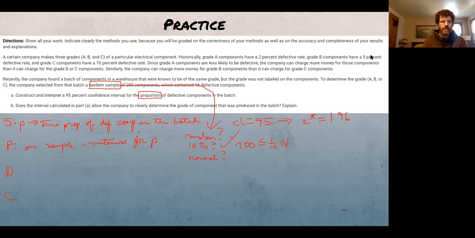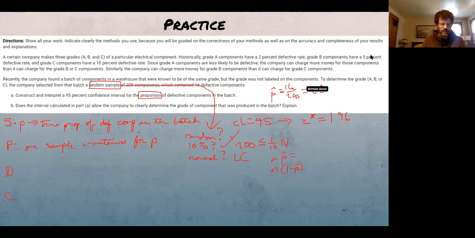And normal. Is it normal? This is for proportions. We check this with large counts. So n times p and n times 1 minus p. Now we don't know, it's technically p hat. We don't know p hat yet, but we can figure that out. P hat is going to be 16 defective components out of 200, which is 0.08.